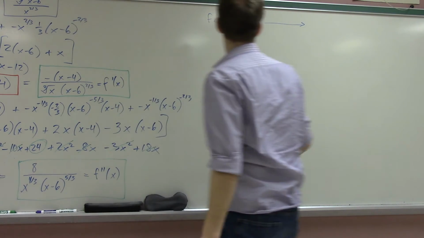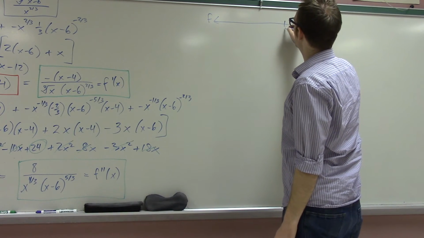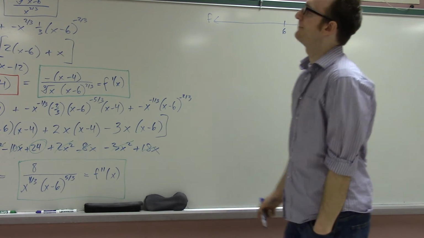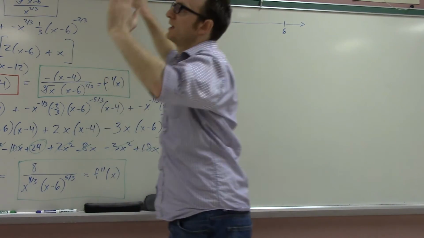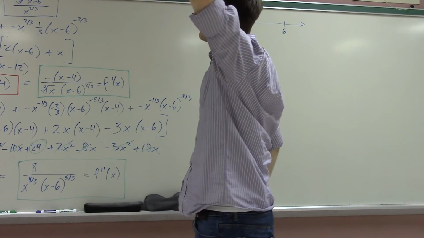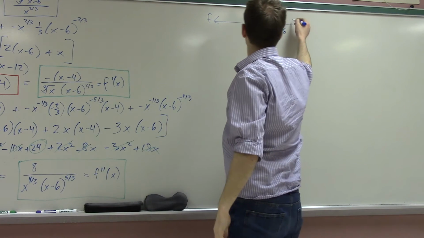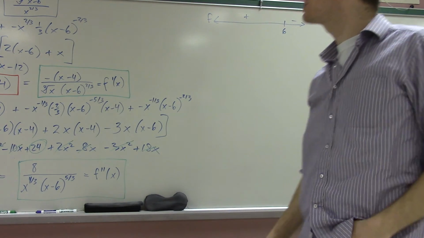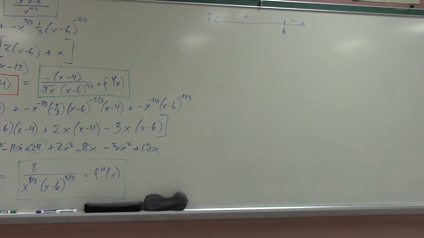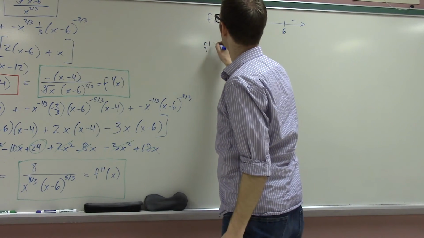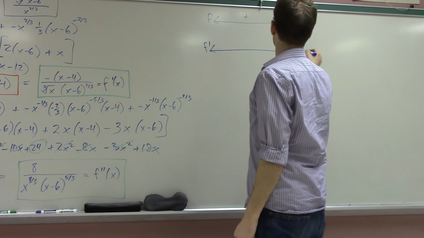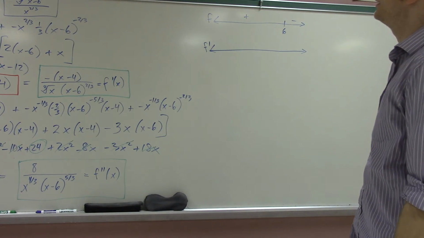So this is going to change sign at 6, and because there's a negative in there, it's sort of like an upside down line, so it's going to be positive, negative. That tells me that this function is positive less than 6 and negative after 6. Okay, now let's look at the sign of the first derivative.